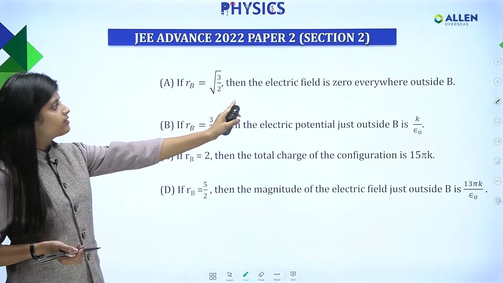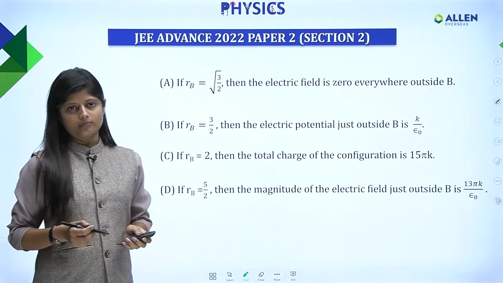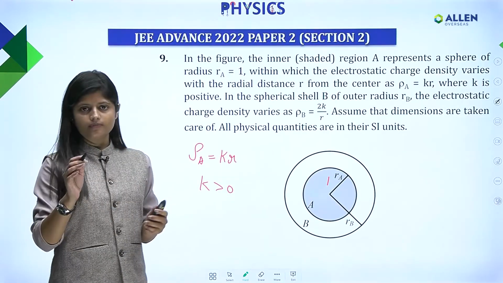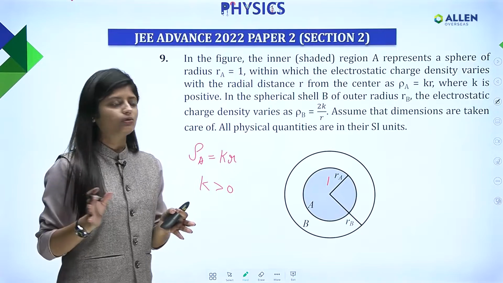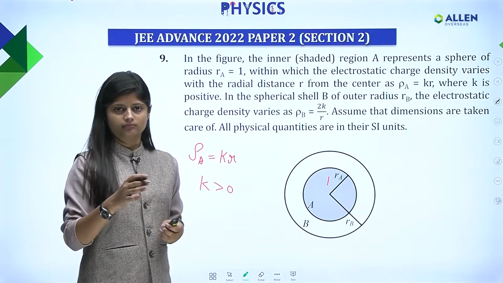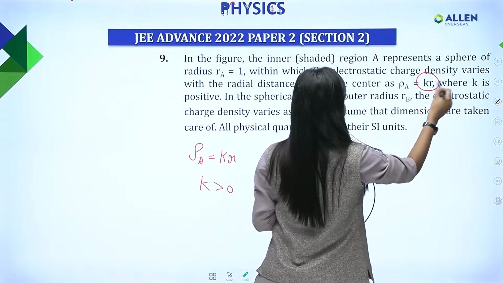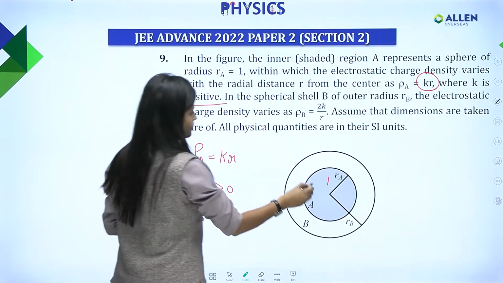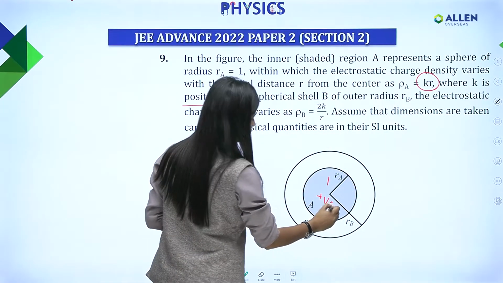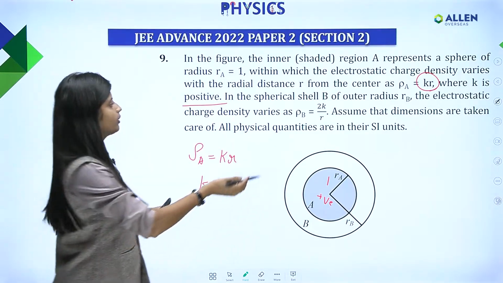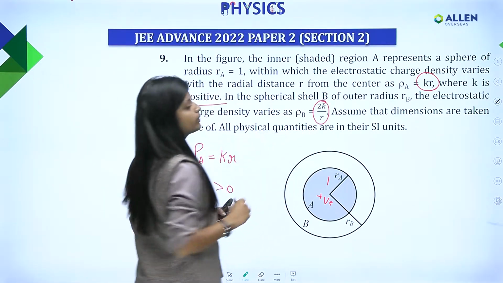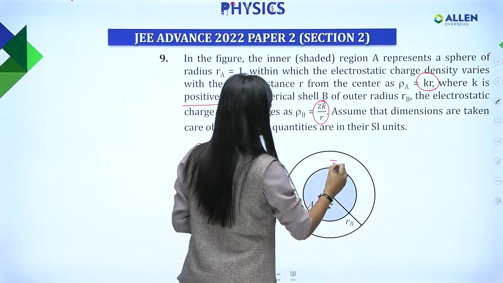Then the electric field is 0 everywhere outside B. So for option 1, you didn't even need to solve anything. How? Because it is given that rho A is equal to Kr and K is positive, which means this is positive charge, okay. And outer sphere also, it is given to be 2K by r, meaning this is also positive.